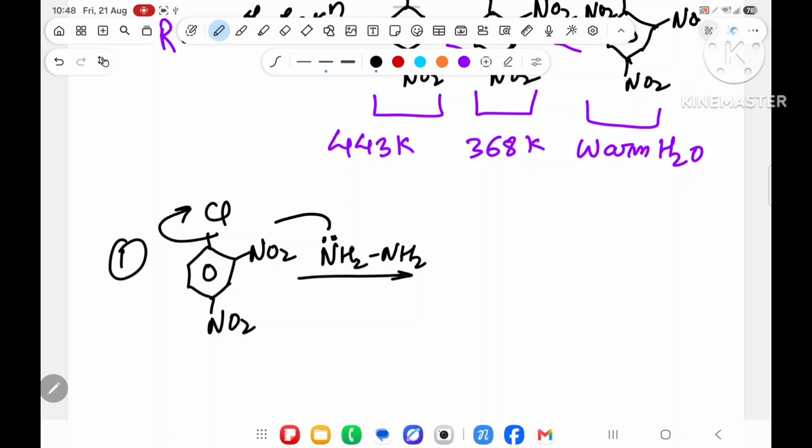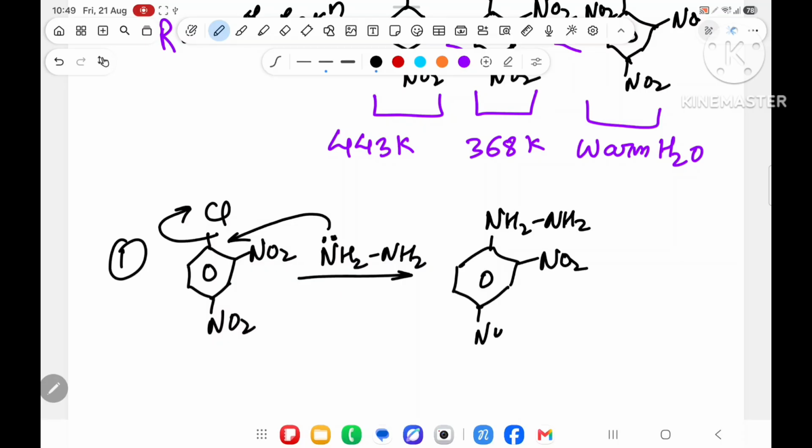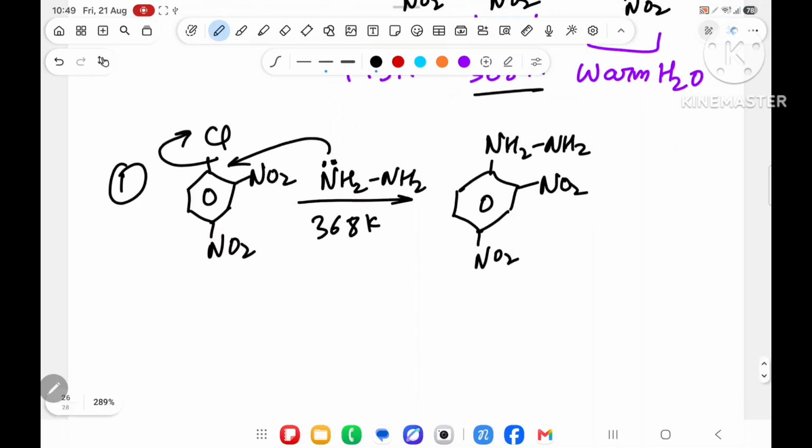Cl will go, NH2 will come here. What will you get? Over here NH2, over here NO2, over here NO2. Temperature you can write 368 Kelvin. I am not writing it because I have already written.